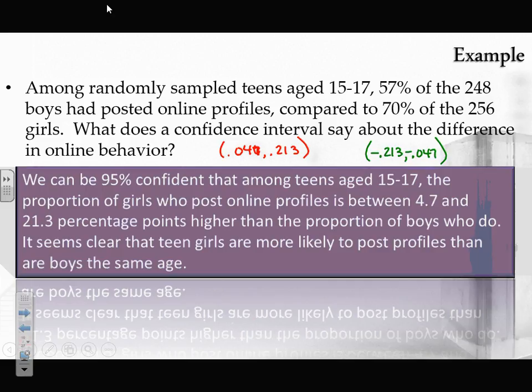Now, if we did this same exact problem, but let's say we came up with an interval like this. So when we did our steps, we had a negative to a positive.